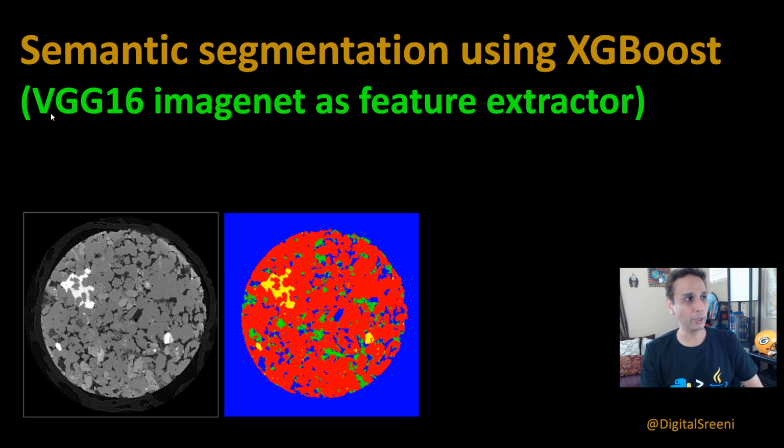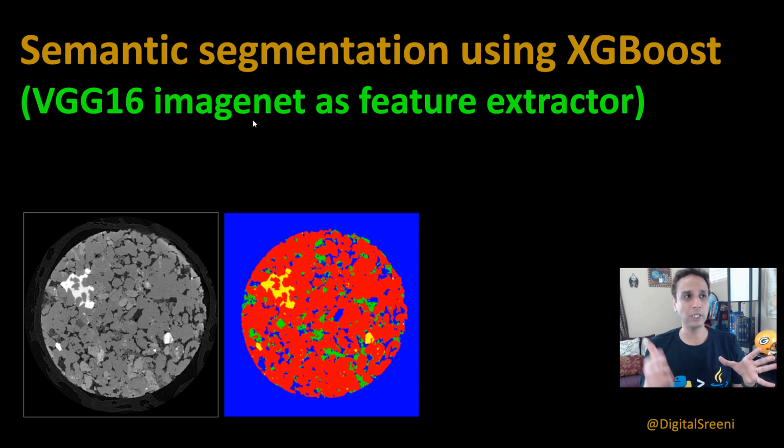So what we're going to do is take VGG16 weights from ImageNet. ImageNet is this database, and they've used VGG16 to train on a whole bunch of these 10,000 plus images. And now after the training, you have the weights for these convolutional layers, right?